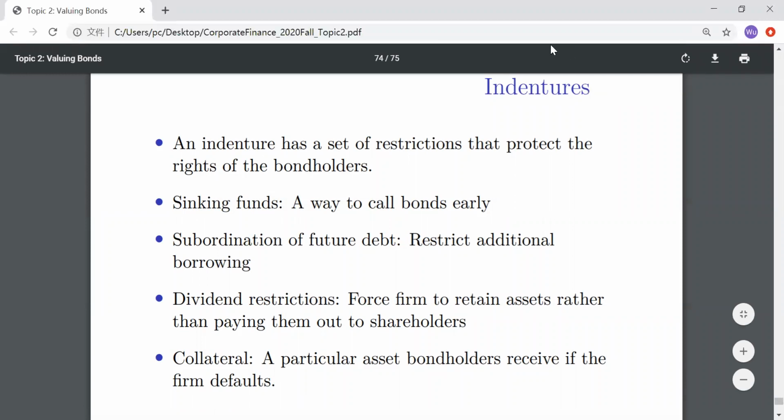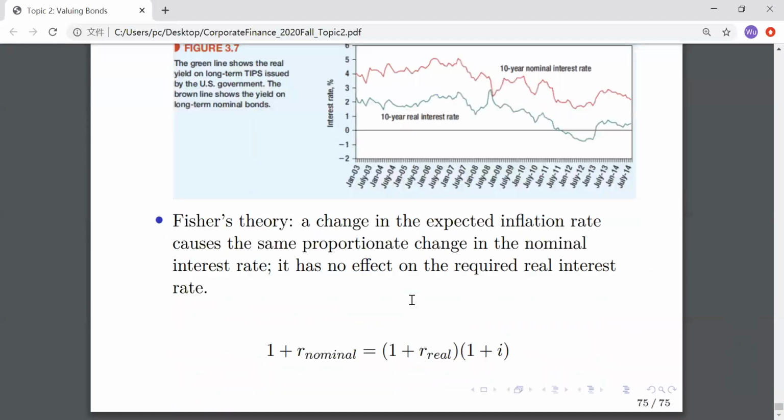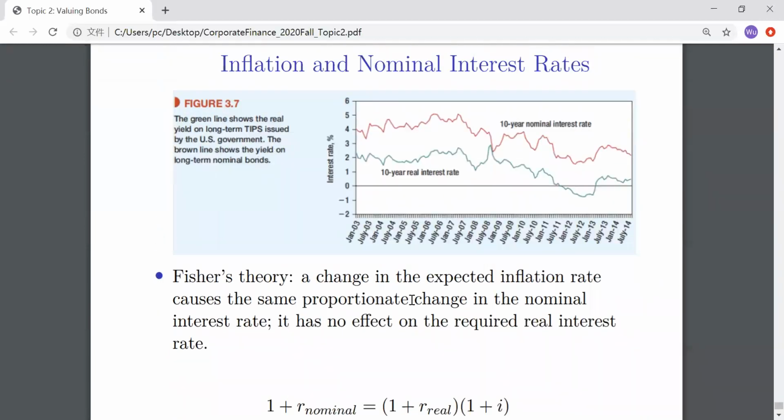In these bond contracts, there are different conditions, different provisions that help guarantee that the firm is going to pay back the loan or the bonds, and pay the coupon payments in time. For example, sinking funds, subordination of future debt, dividend restrictions, or collateral. All of these are trying to guarantee that the firm is going to pay the coupons on time.